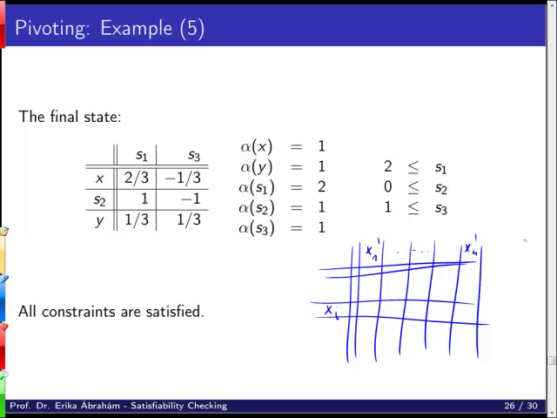Can it be that one of x1' to xn' are original problem variables? Not additional variables, but one of them is original. Can it happen? No, because they have no bounds. Always choose them. Exactly. So in this case, if the problem is unsatisfiable, then all of them are additional variables.